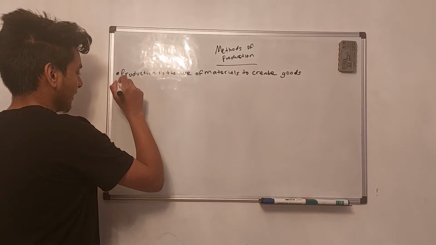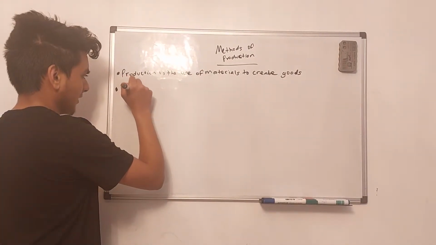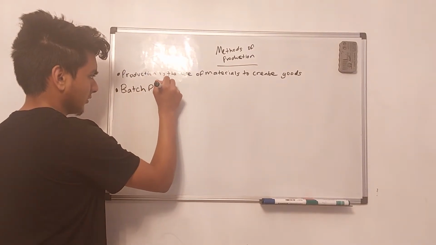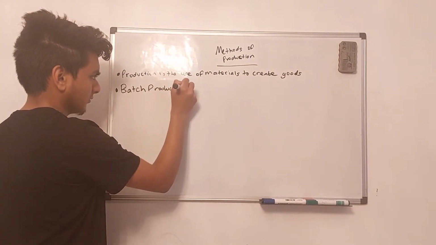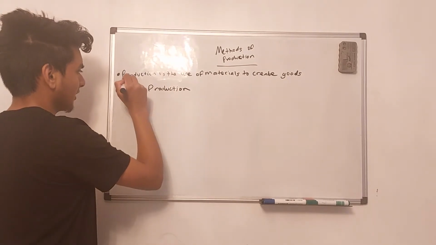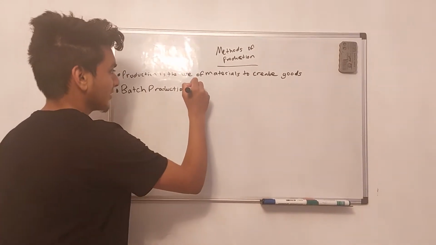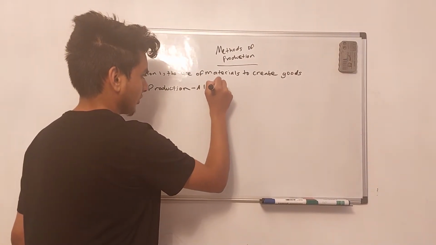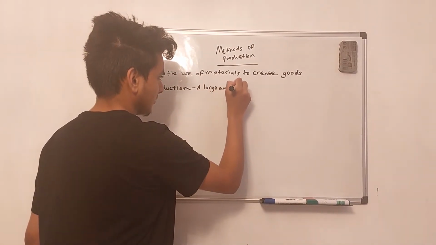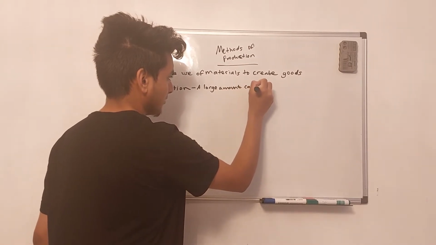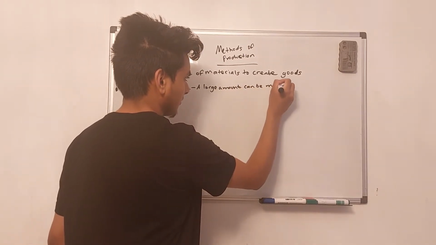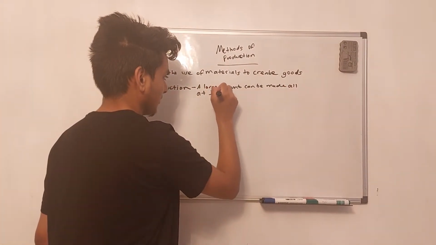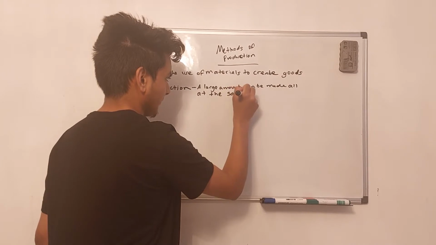One of them is batch production. This type of production is when a large amount of items can be made all at the same time.